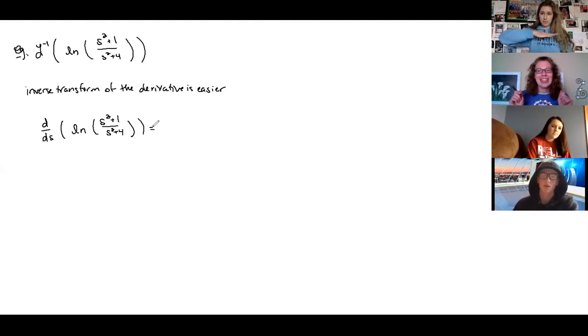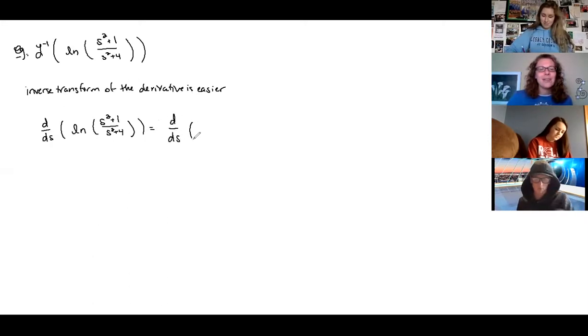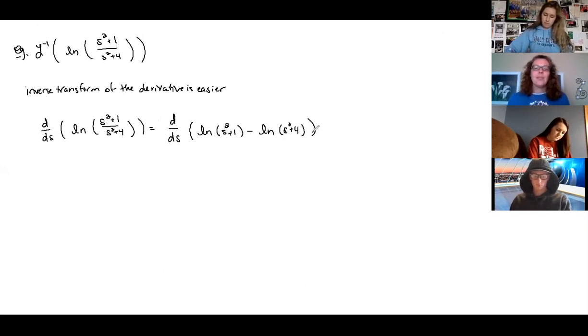Abby's saying subtract. Yes. When you are doing a natural log and you are dividing, you are allowed to pull apart and subtract. So natural log of s squared plus 1 minus natural log of s squared plus 4.